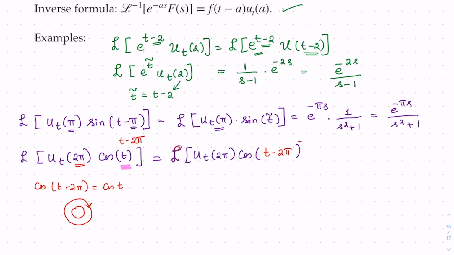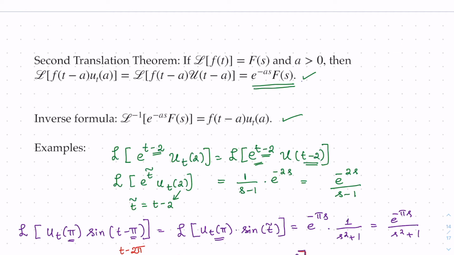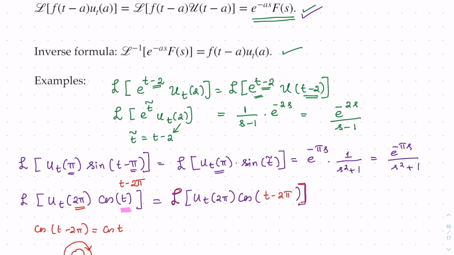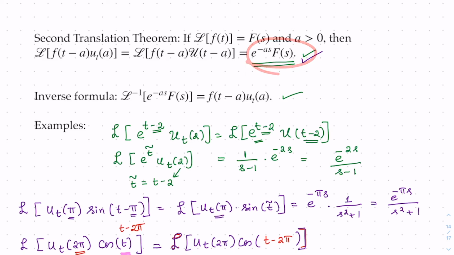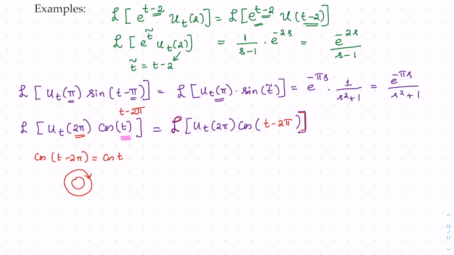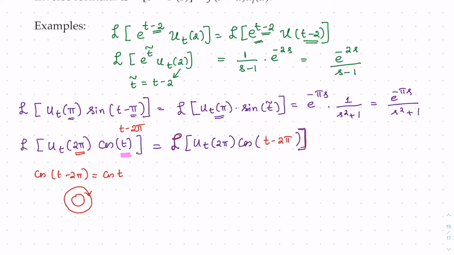And now because of that, I am allowed to do the regular thing. Now I can apply this formula right here. If I apply this formula, then I'm going to have e to the negative 2 pi s, that is coming off of u t of 2 pi, times the Laplace transform of cosine of t, which is s over s squared plus 1.